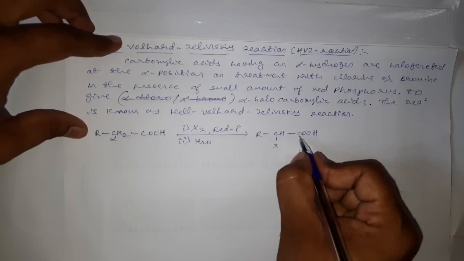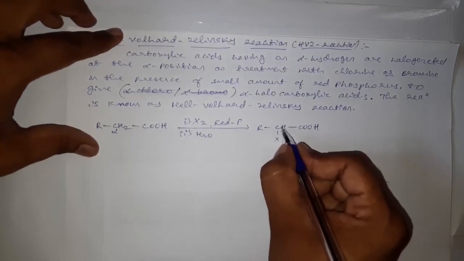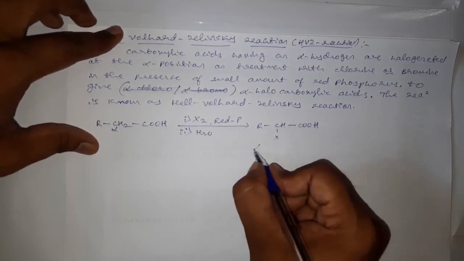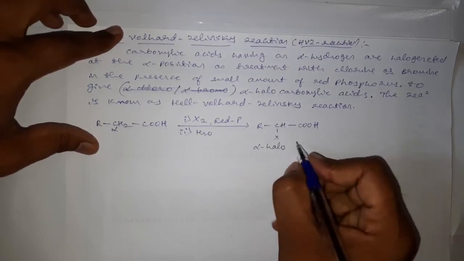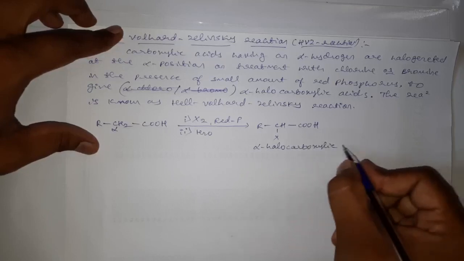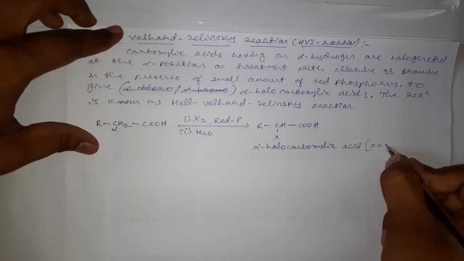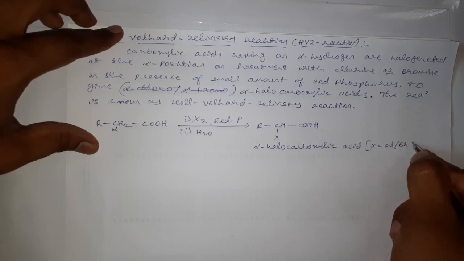This is the carboxylic carbon, this carbon is the alpha carbon, and this carbon is halogenated. Therefore, we can call this an alpha-halocarboxylic acid. See here, X may be either chlorine or bromine.